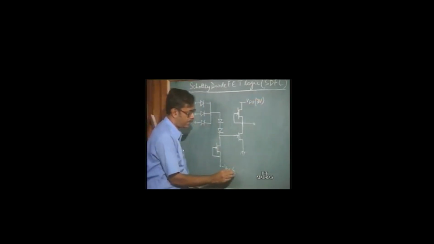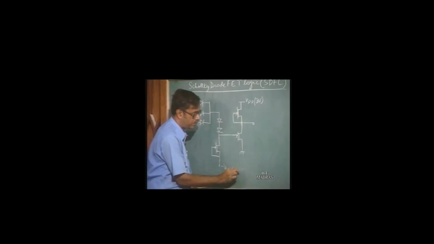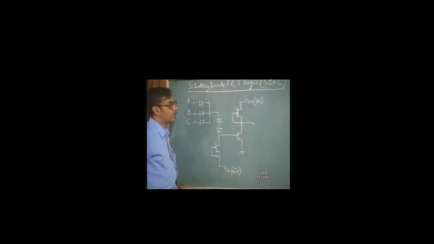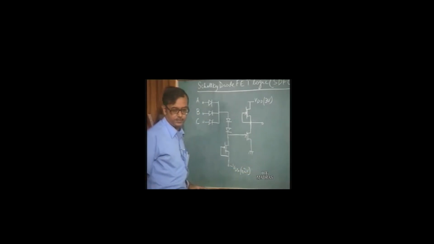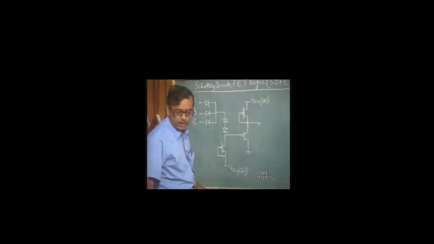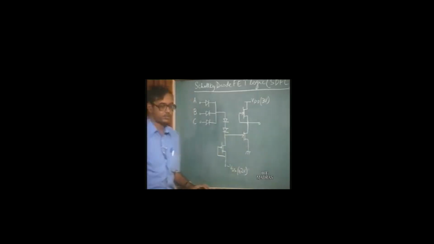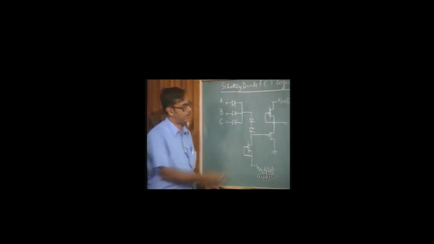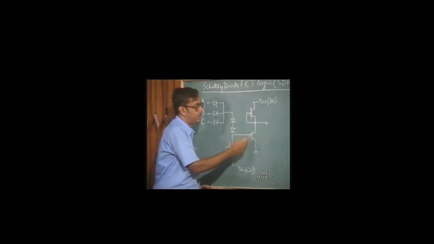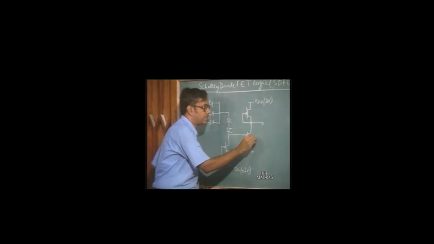Now, if you take VDD as 3 volts and VSS as minus 2 volts, the output voltage can go high close to VDD when this driver transistor is off.